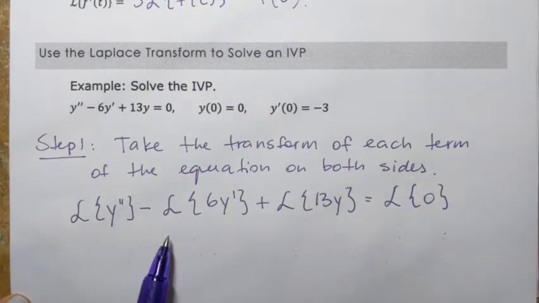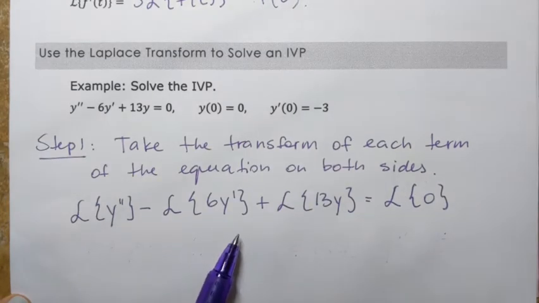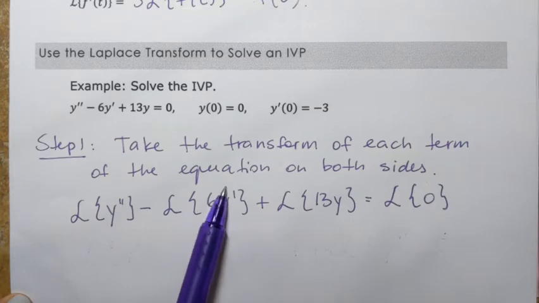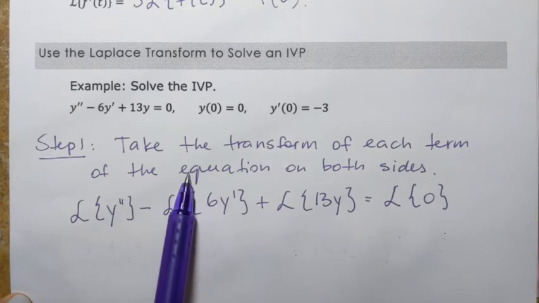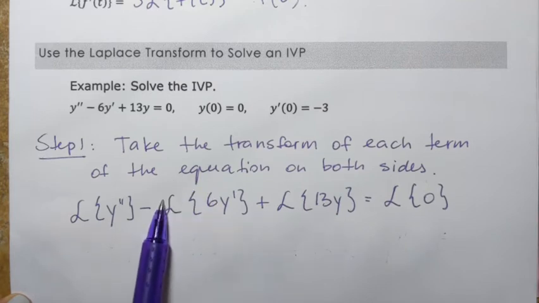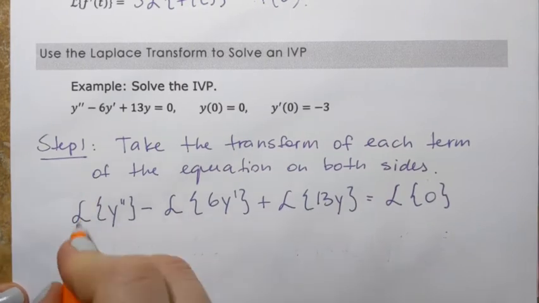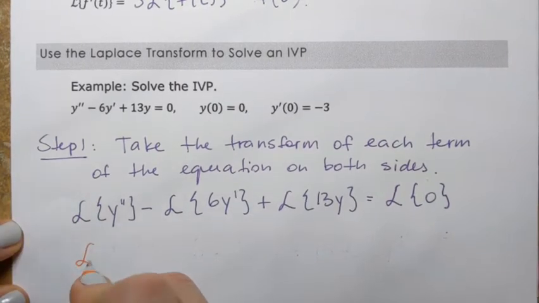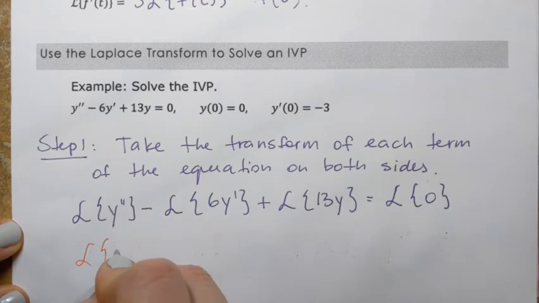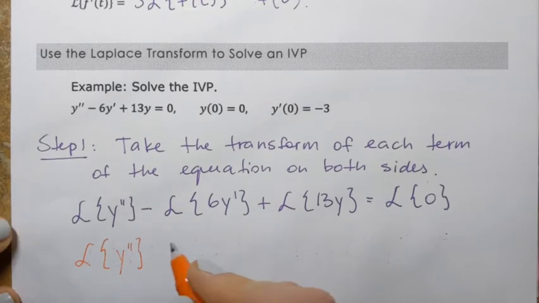Next, I'm going to use the linear property of the Laplace transform that says that if we have a constant coefficient in the Laplace transform, that coefficient can be put outside in front of the Laplace transform. And I will also use different colors so it's easier to understand how I'm going to perform substitution in the following step. Okay, so the first one, I don't really have a coefficient here, so it's just copying that down.